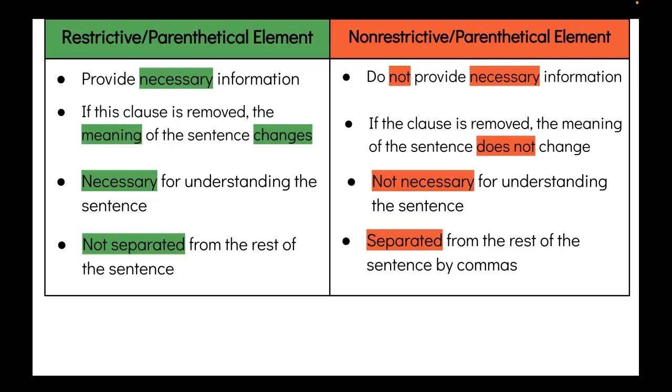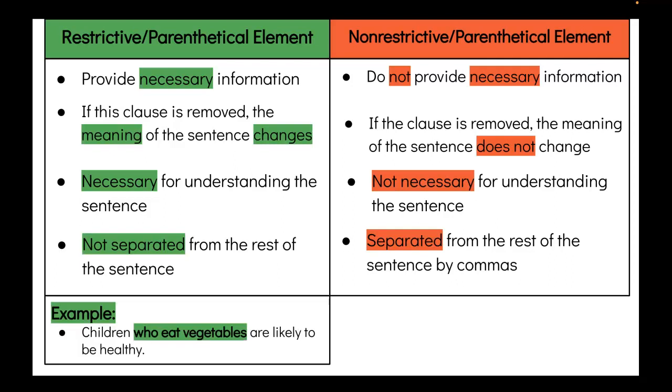When we see these parenthetical elements, and sometimes they're commas, we'll look at a couple of other punctuation marks that will be used, but when you see these commas or these punctuation marks, the parts that are in between them can be removed from the sentence. So let's look at an example. It says, children who eat vegetables are likely to be healthy. The parenthetical element here is who eat vegetables.